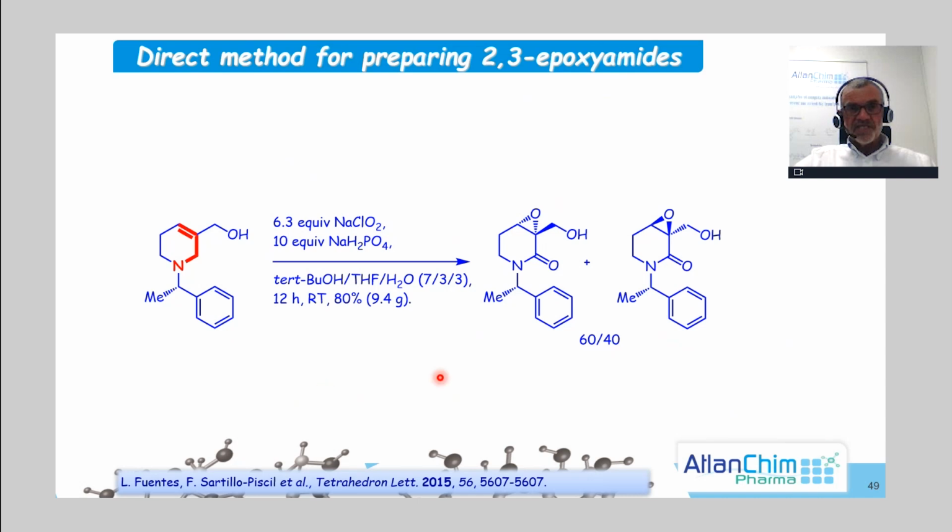As presented in this slide, treatment of this intermediate with this N-allyl moiety here in red with 6.3 equivalents of sodium chlorite and 10 equivalents of sodium dihydrogen phosphate in a mixture of tert-butanol, THF, and water at room temperature overnight gave the desired intermediate in an 80% yield on a 10-gram scale as a mixture of diastereoisomers.